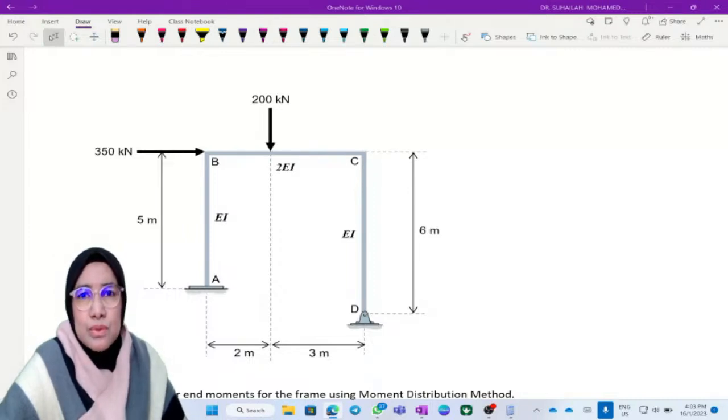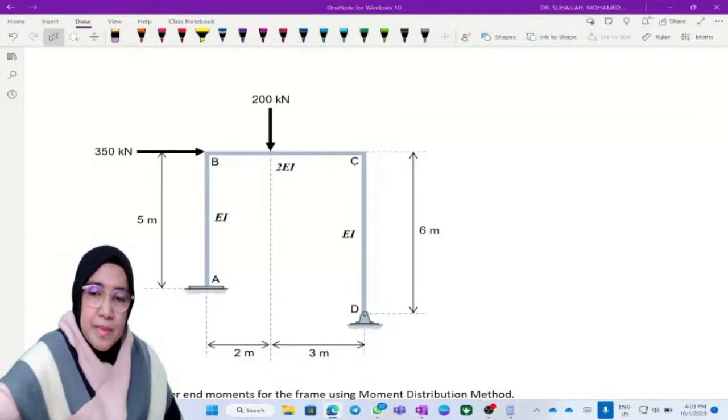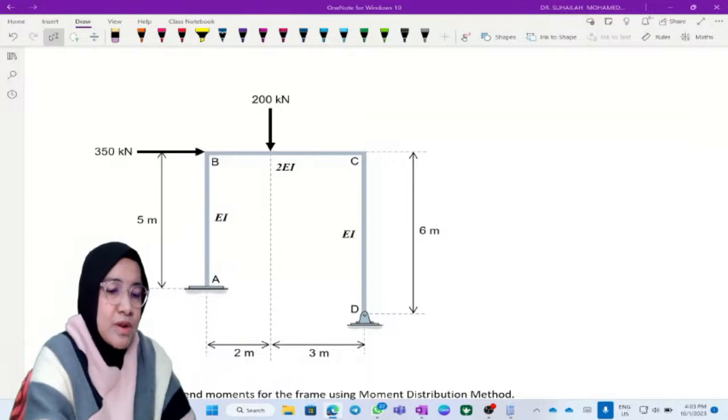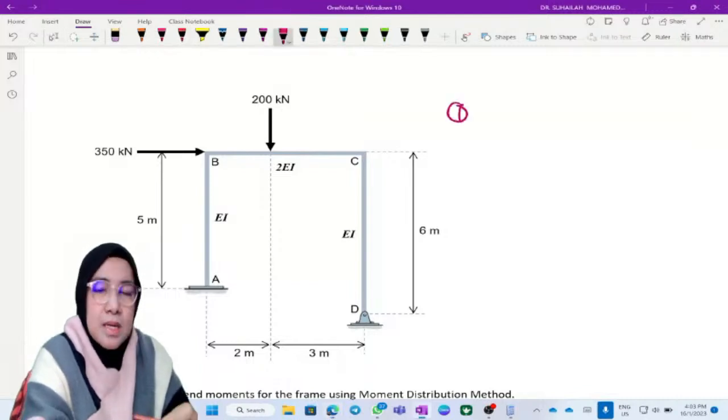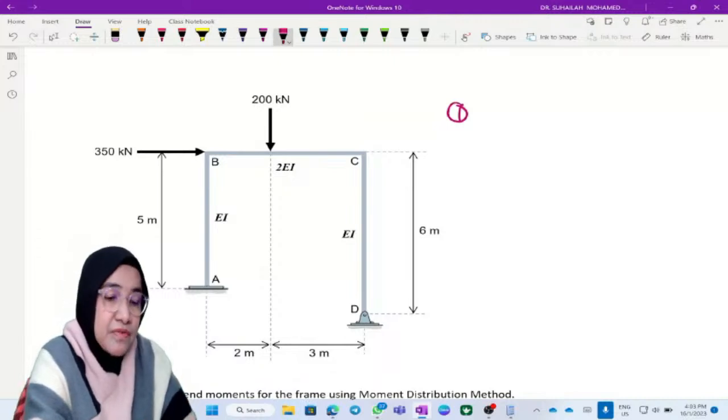We analyze based on some procedure which I can summarize as 4 main steps. The first step is calculating K and distribution factor.